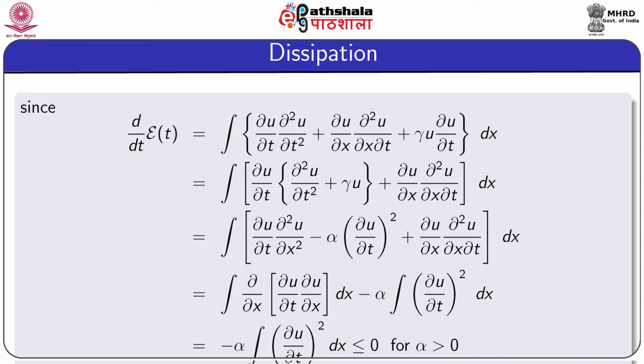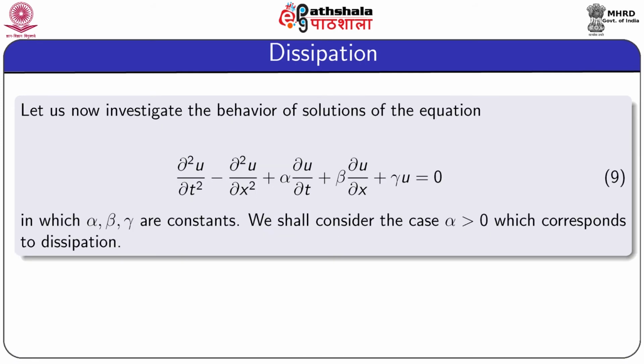That means the energy will decrease with time, or in other words energy will dissipate, and for this dissipation the term α is responsible. Therefore, if we go back to the original equation 9, the term α represents the dissipation of energy.